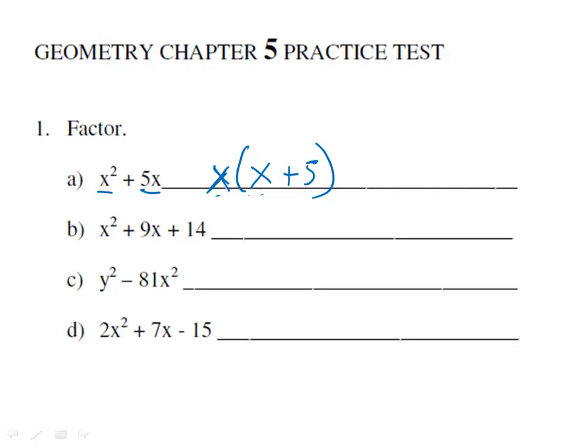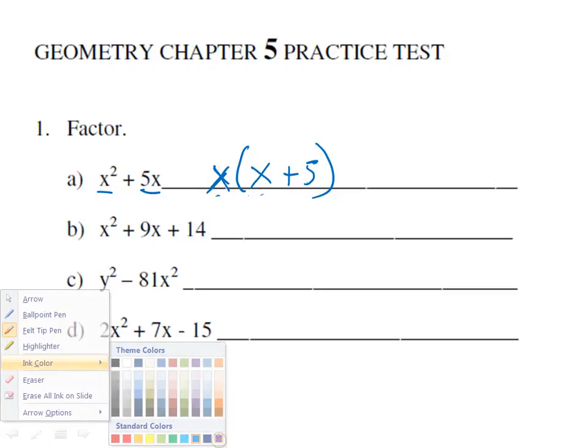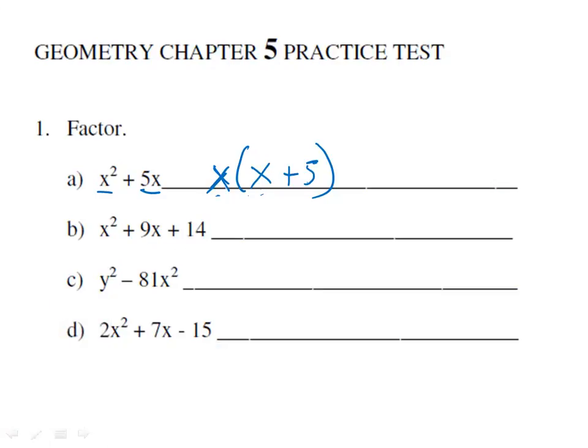Alright, now this is a little bit different here for letter B. Here you've got a trinomial. The basic form of a trinomial is ax squared plus bx plus c. If a equals 1, as it does here, that's the coefficient in front of x squared, then we know this much, that the first term in each binomial, the trinomial factors into two binomials, is x.